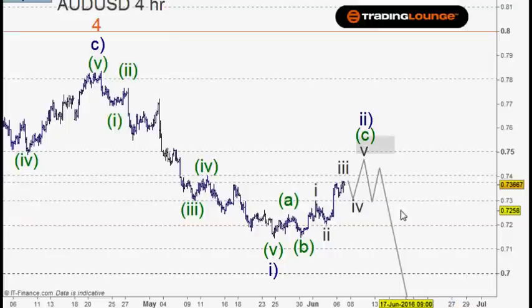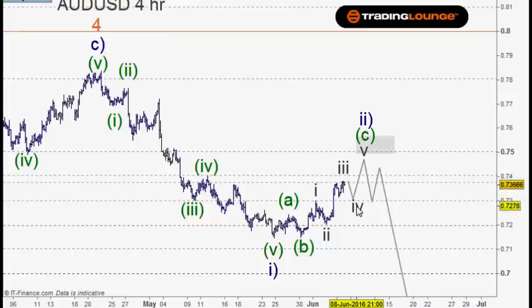I want to look at this particular structure here. First of all, we know that the move up here is corrective, so we can label it wave A, and we could also label this wave B. We're getting a very nice impulse wave here, impulse being 5 waves, so wave 1 and 2, another nice impulse wave here, and the strength of this 3rd wave, it's the 3rd of the 3rd, so it's very suitable to label this wave 3.